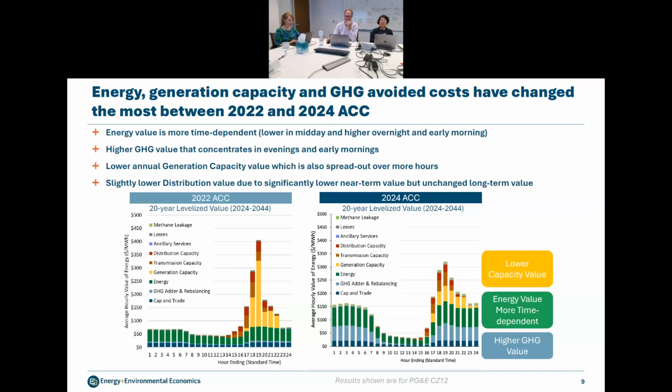And finally, it's very hard to see it here, but the distribution value is much lower in the near term, but overall doesn't see much difference in the long term. And then Andrew Sofas, my colleague, will describe a bit more on that later on. All right, let's move on.